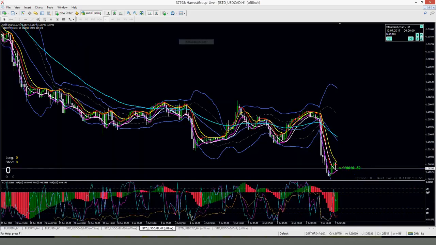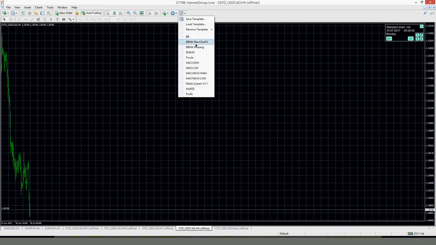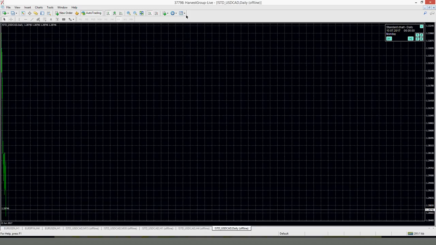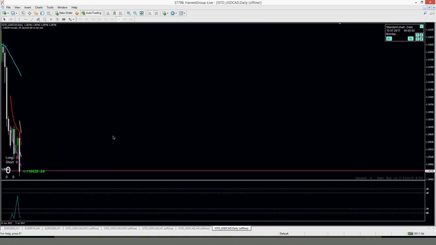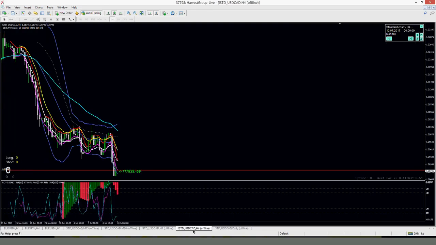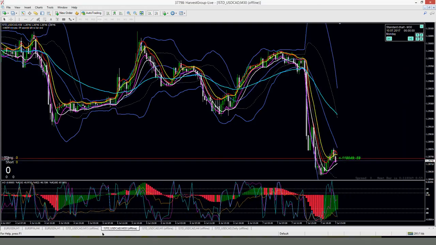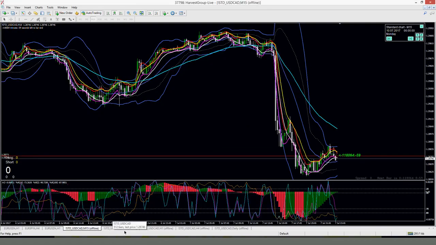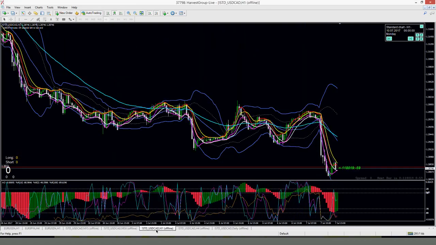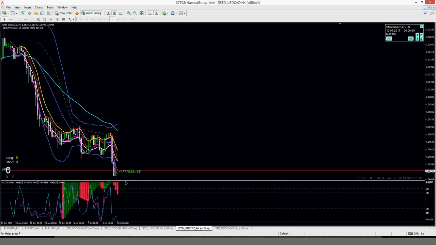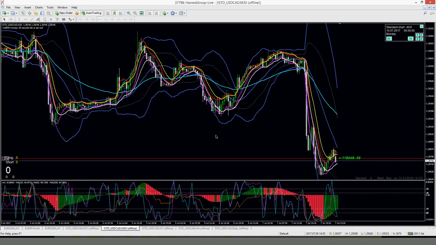The daily bit is not yet finished, so you just have to let it run for a while. But H4 has already started. You have H1, M30, and then M15.